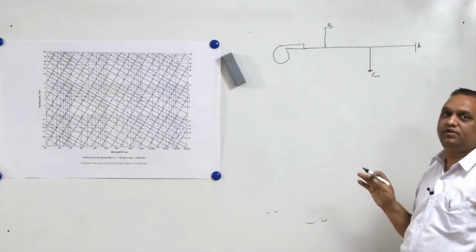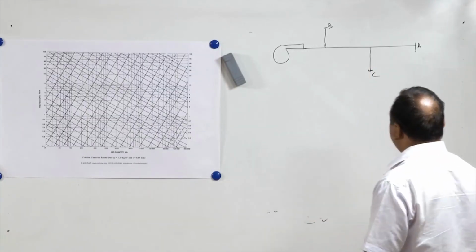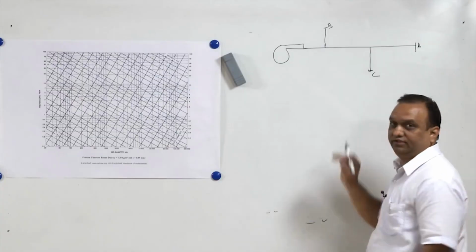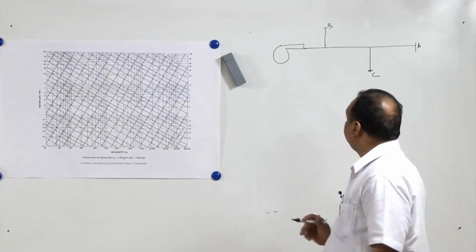Okay, so here we will not consider losses in change in the direction or dynamic losses in this duct network.